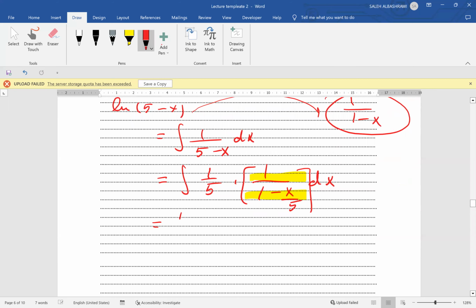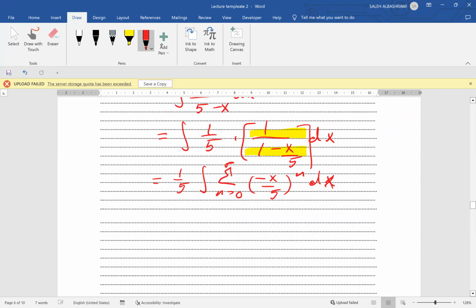I would say this is 1 over 5 outside, integration of sigma. The power series for 1 over 1 minus x over 5 is minus x over 5 to the power n dx.